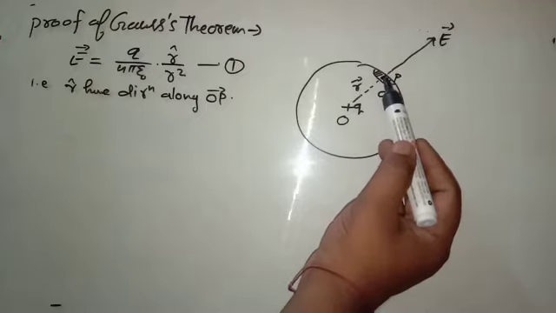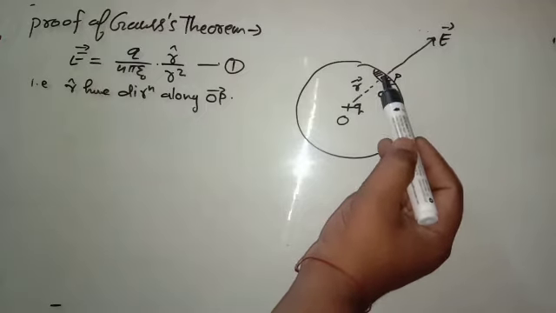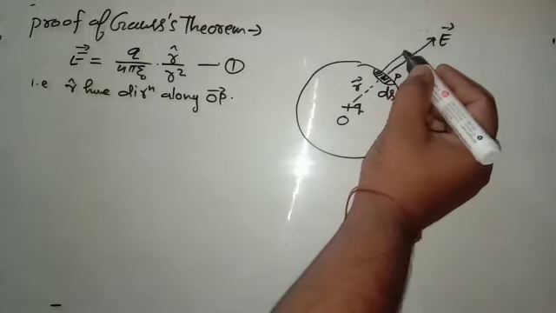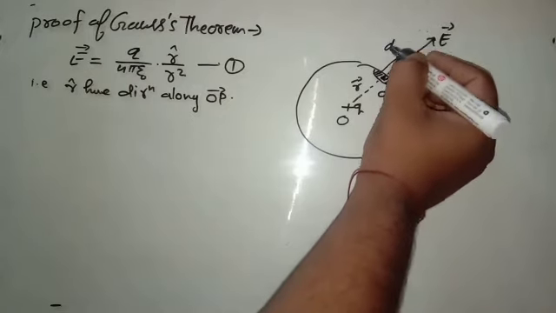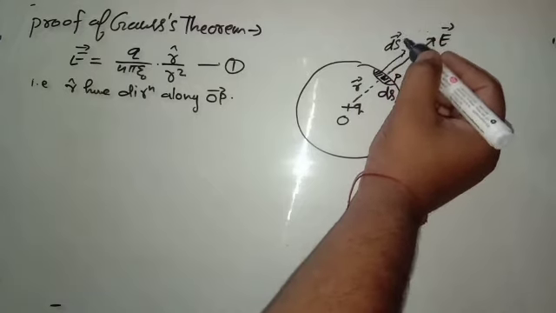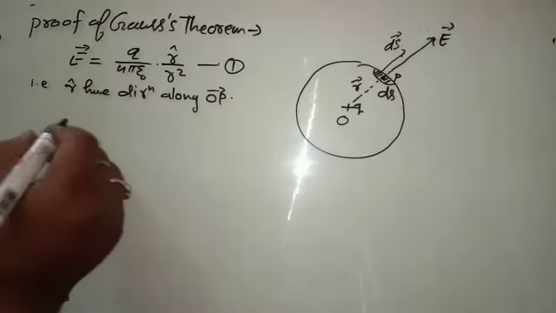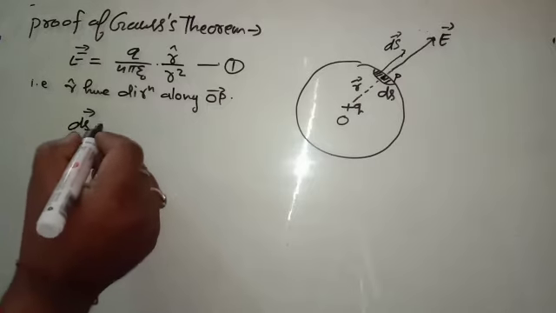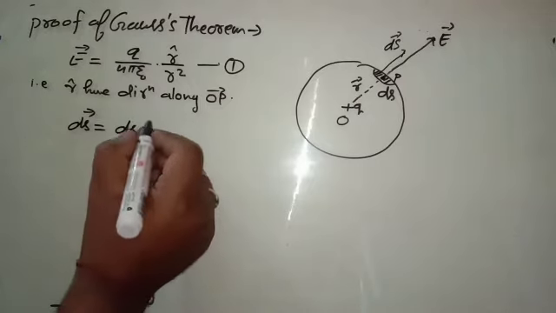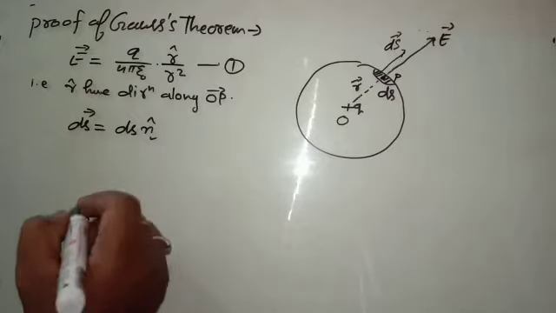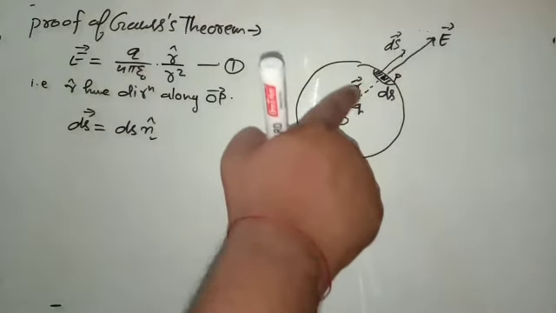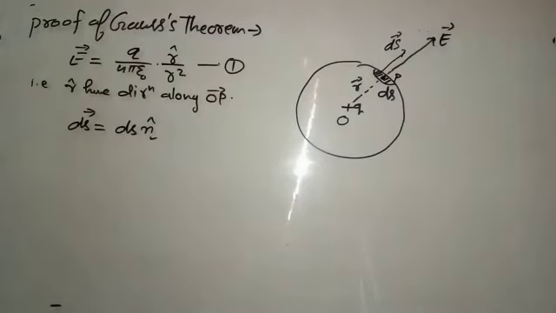Okay, if we see the figure, this area element encloses the point at which we have to calculate the electric field intensity, and this small area has the area vector along this direction, represented by vector ds. It can be written as ds equal to area ds with the n cap, where n cap is the unit vector along the area vector of this small area element.